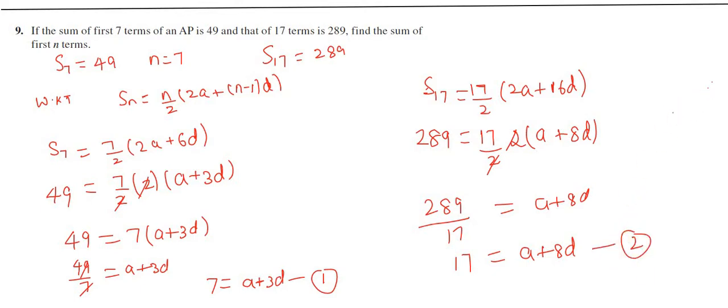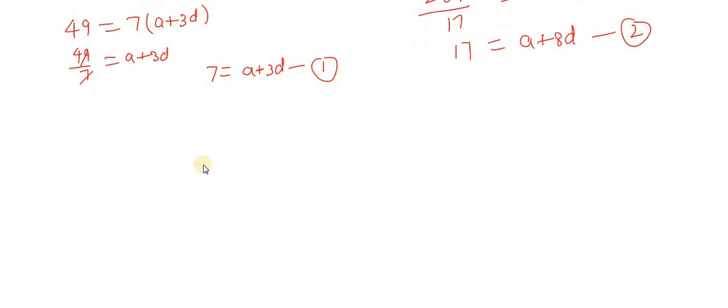Now solve equations 1 and 2, and you'll get either a or d. We'll go for d only. a plus 3d is equal to 7 and a plus 8d is equal to 17.